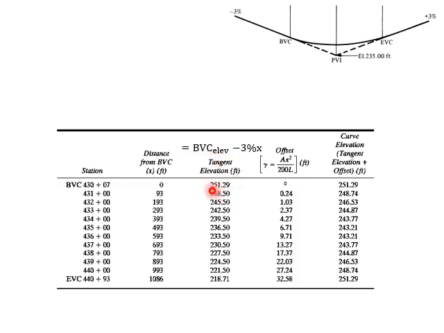You will have the BVC elevation, which is 251.29, minus 3% because it's a gradient. And why minus? Because you see from BVC the tangent is going down. So the tangent is going down, so I will do minus, and then 3% into x. So x here is 93 feet.